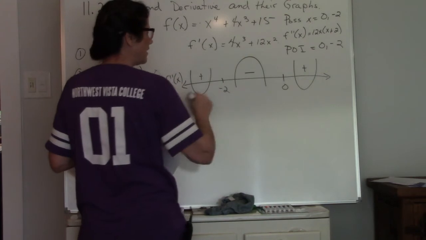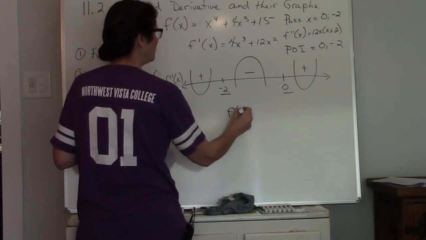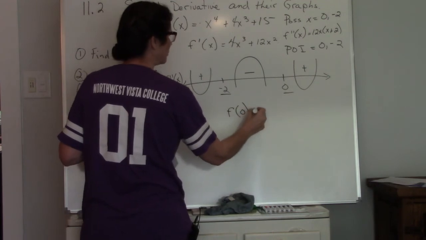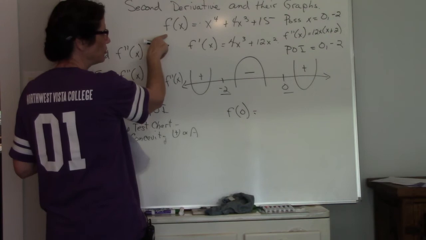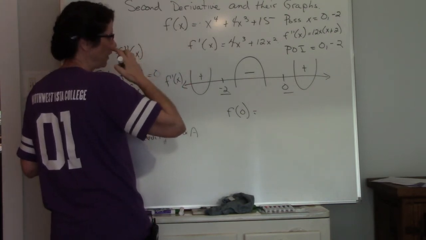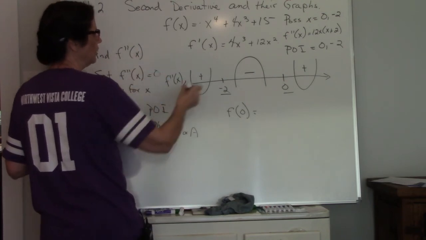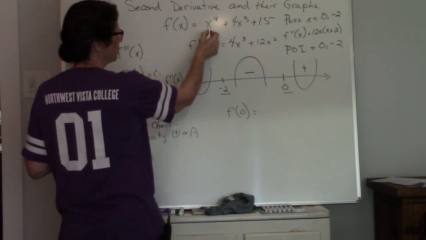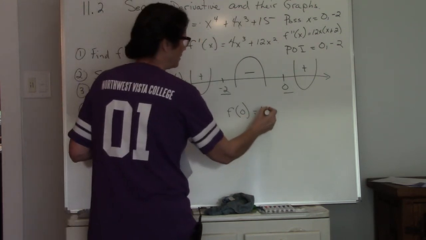Because I know that these are both points of inflection, I need to plug those values back into the original function, and then solve. So I know exactly where on my graph the curvature is changing. When I plug 0 in here, I get 0. Plug 0 in here, I get 0. 0 plus 15 is 15.